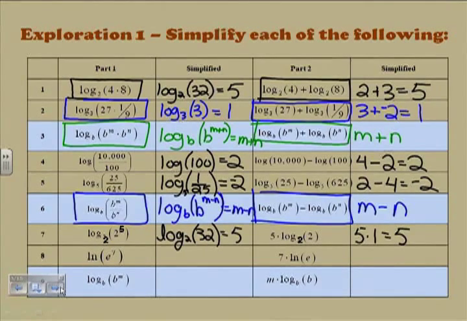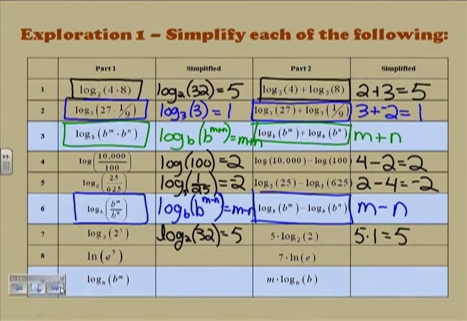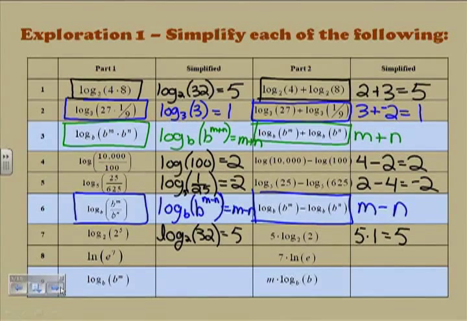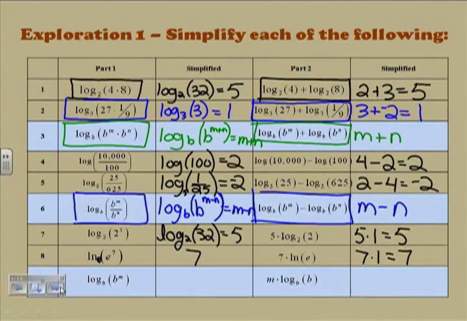And we get 5. Natural log of e to the 7th, well, that's just 7. You know, we did some of these before. This is saying e raised to what power is e to the 7th? 7. Here, 7 times the natural log of e to the 1st is 1, and I get 7.